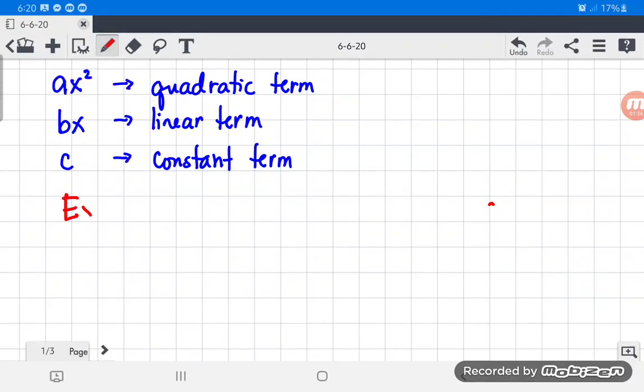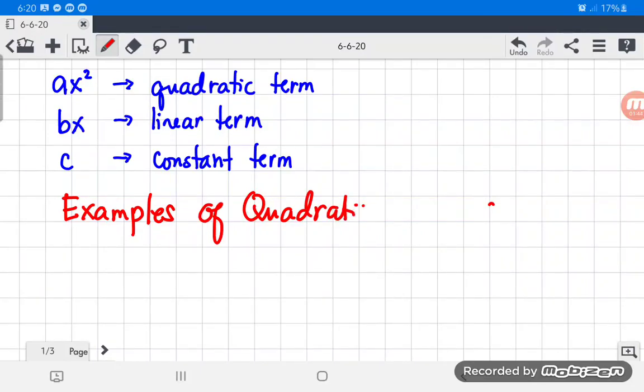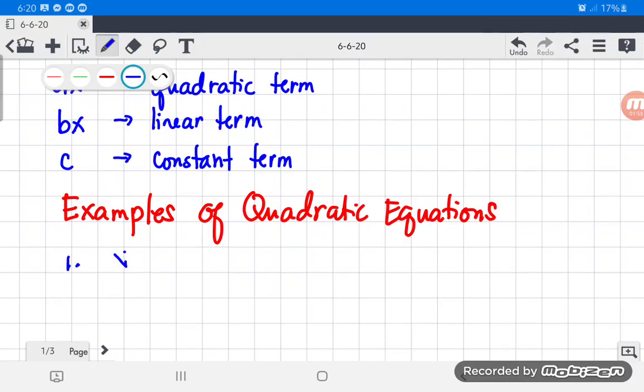Let us have examples of quadratic equations. For number 1, we have x squared plus 9x plus 8 equals 0.